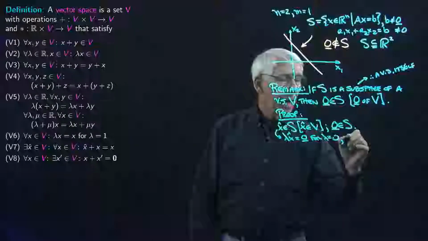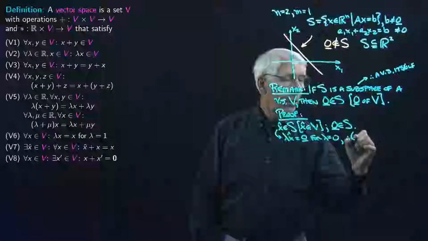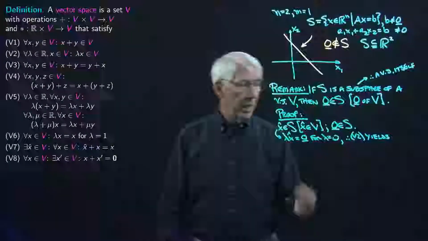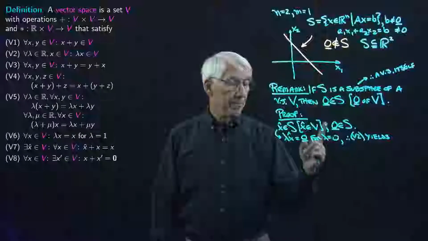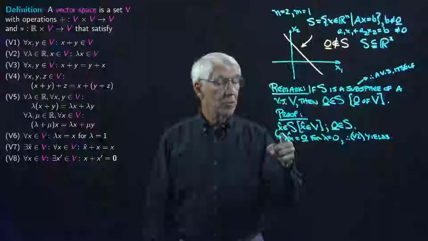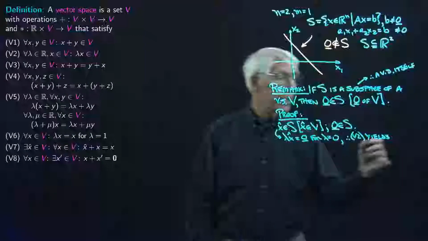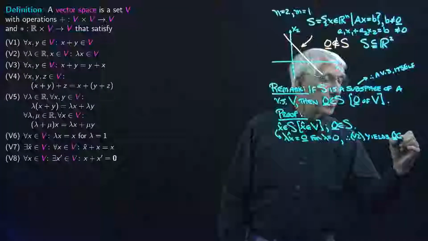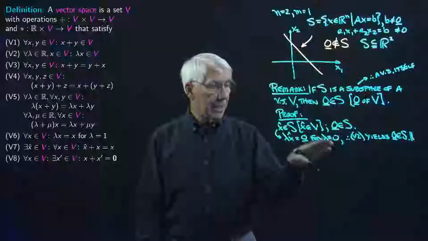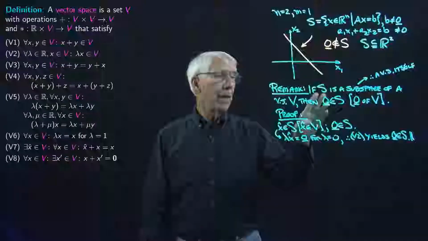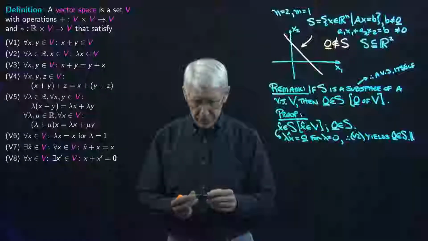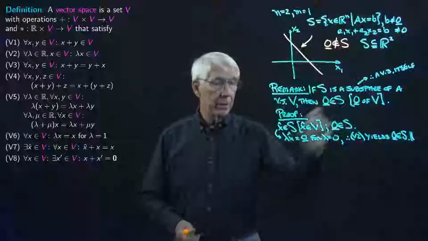So again, therefore, V2 tells me that this 0 vector is in S because V2 tells me that lambda times x hat is in S. So that yields also that the 0 vector is in S. So either way I do this, I can establish immediately that if I have a subspace of a vector space, that subspace has to contain the 0 vector, the origin of the parent vector space.